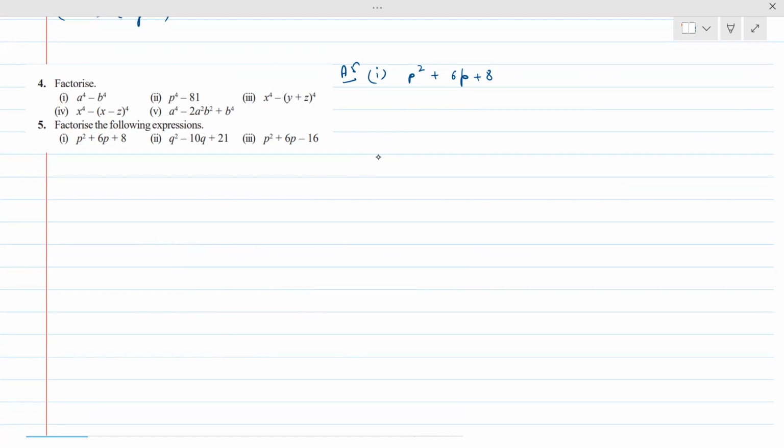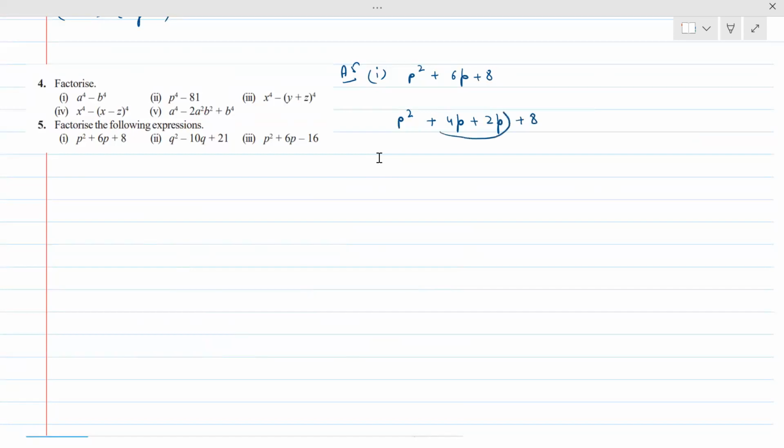So we have to split 6p such that when we add it, it comes out to be 6p, and when we multiply it, it comes out to be ac, that is 8p^2. So we can split 6p into 4p and 2p. So p^2 plus 4p plus 2p plus 8.